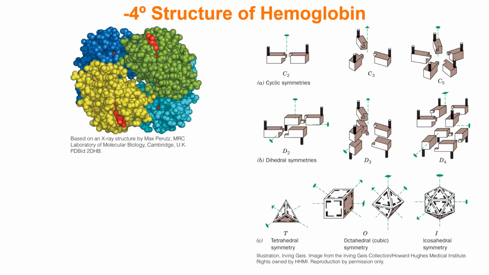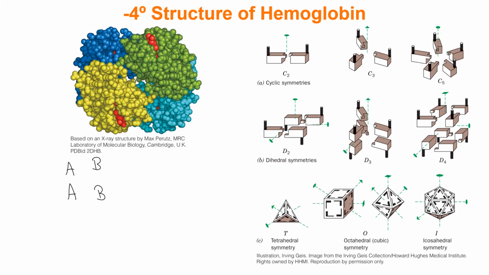Here we are looking at the quaternary structure of hemoglobin. We're going to talk a lot about hemoglobin in this class coming up soon. Hemoglobin is made out of 4 peptides: 2 peptides we call A, and 2 peptides called B.